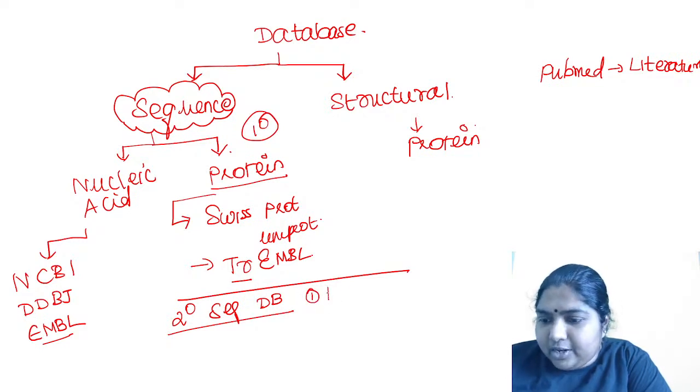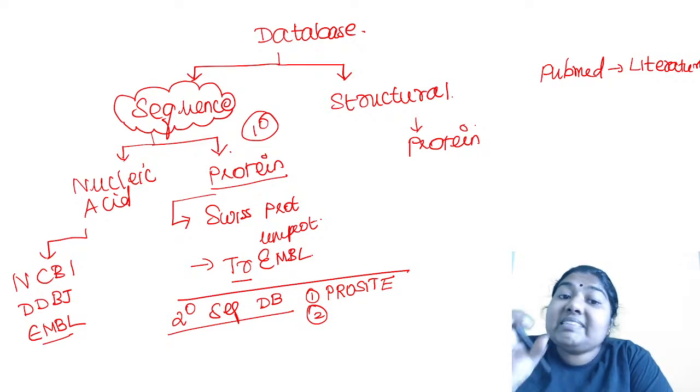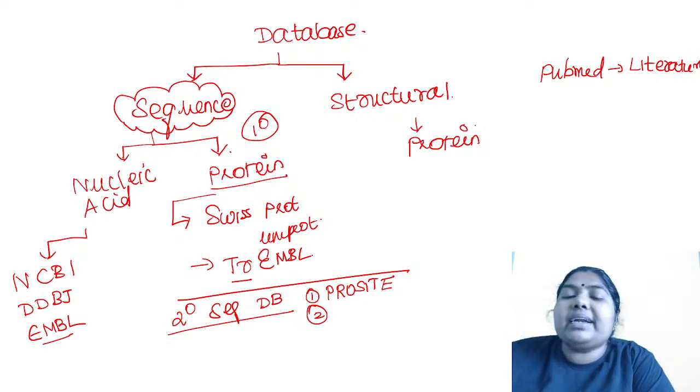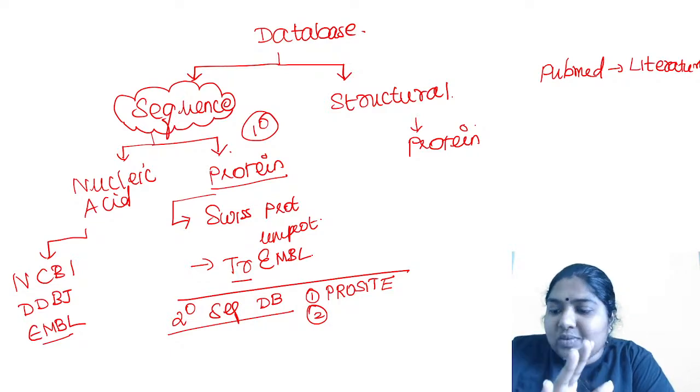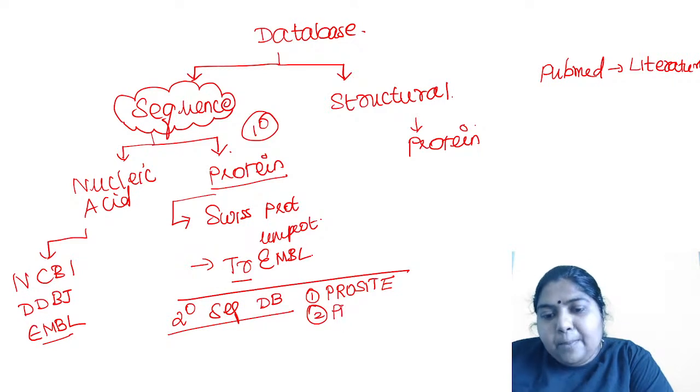It is going to include PROSITE. So the alignment, or you are going to do some kind of categorization using sequence alone. You are not going to touch the structure. Only sequence alone you are going to use. It is PROSITE, PFAM, very good.